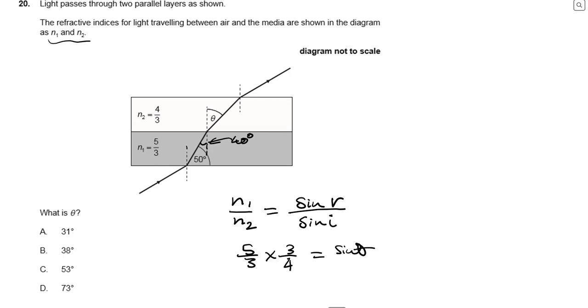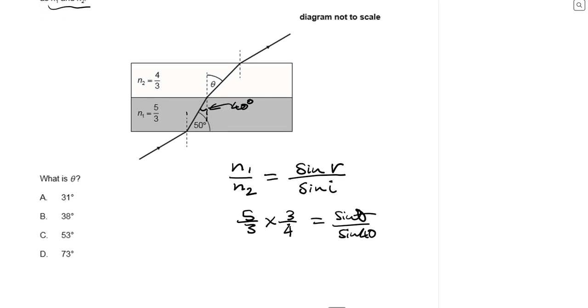That is our theta, and i is our 40, sine 40. So we have 5 over 4 times sine 40. I need to change my calculator to degrees. Then take the sine inverse of that. Theta is equal to sine inverse of 5 over 4 times sine 40, just showing you guys the steps. So sine inverse of that is 53. That's our answer.